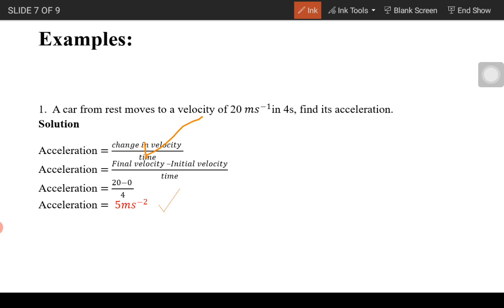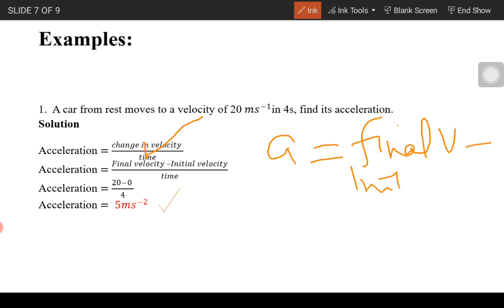So the formula is, what is this change in velocity? Change in velocity is final velocity, given by the letter v, minus initial velocity, given by the letter u, divided by time.